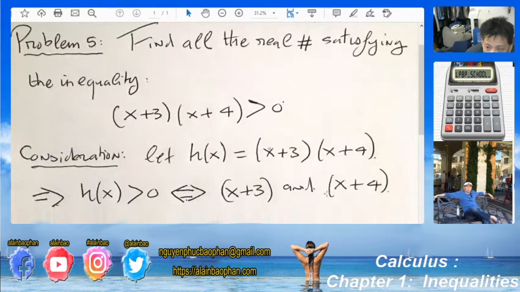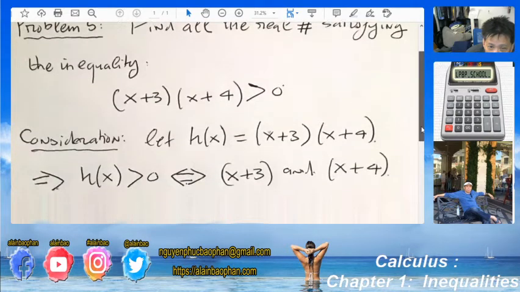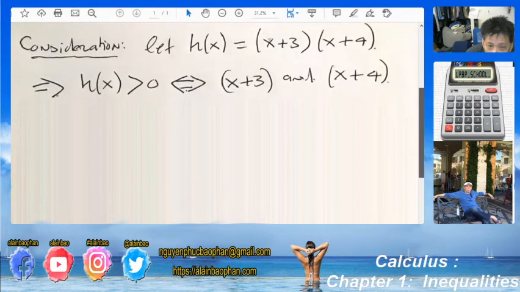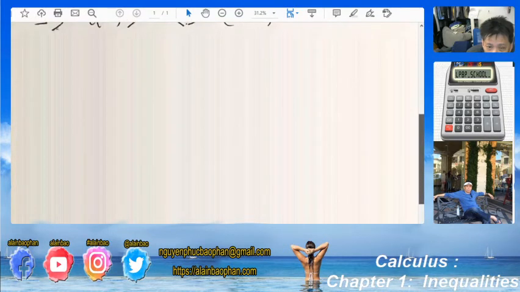So for the product to be positive, these two factors have to be the same sign: either both negative or both positive. Okay, so let's go to the method. You can solve all such problems by using this method.